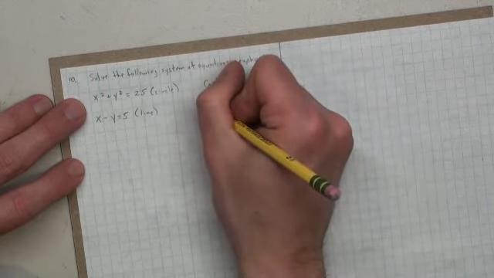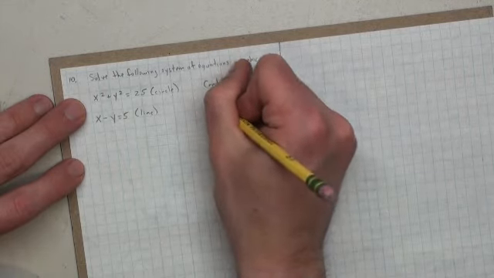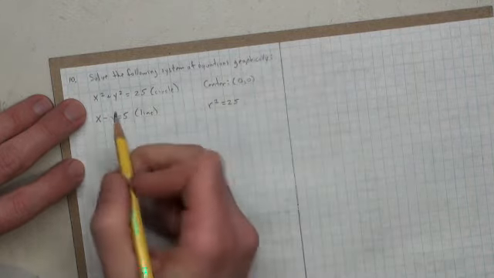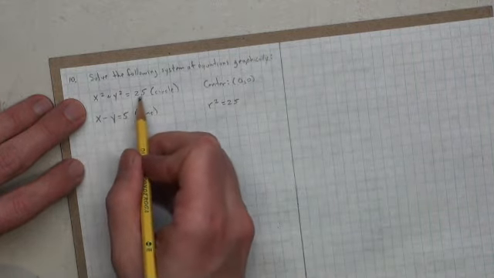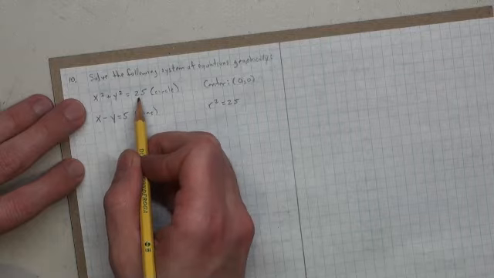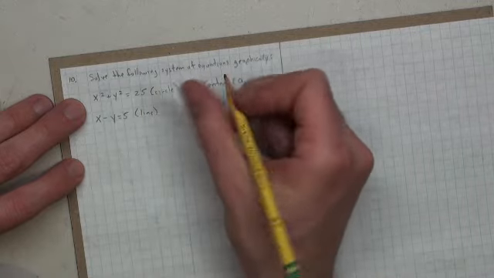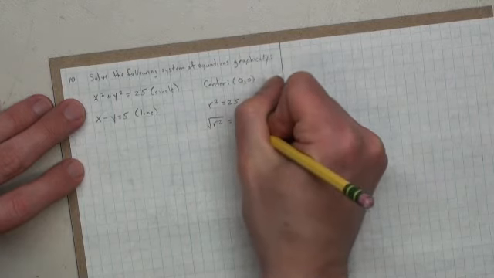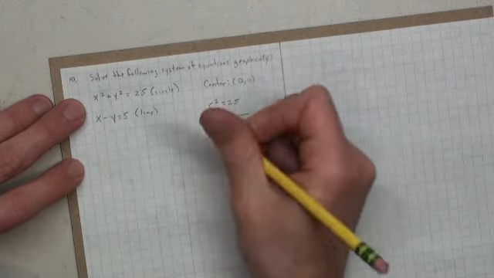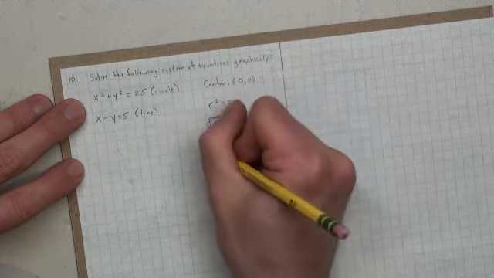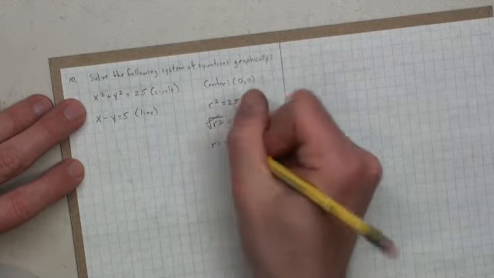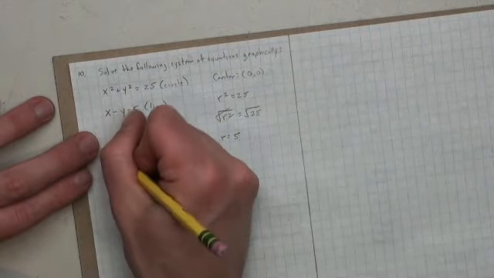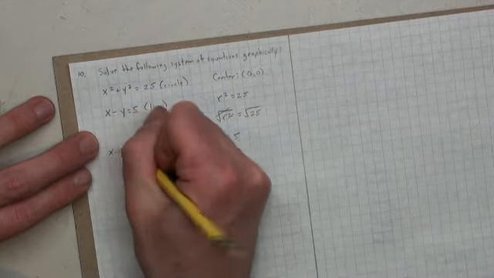Now the radius, we know that r squared is equal to 25, because it's x squared plus y squared equals r squared. So we can solve for the radius by taking the square root of both sides. So r is 5.